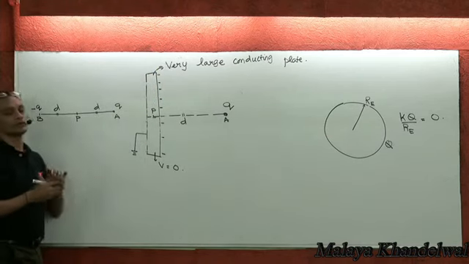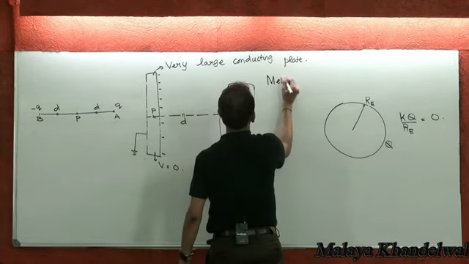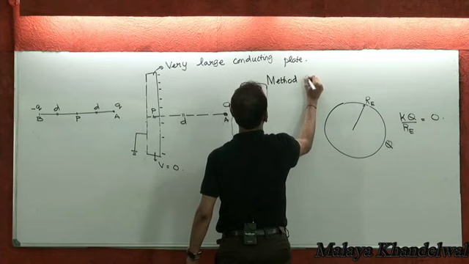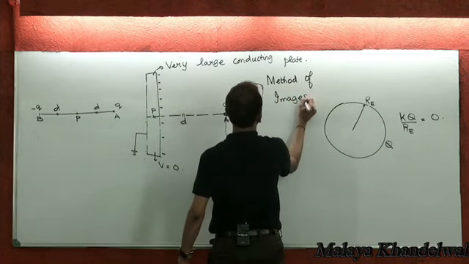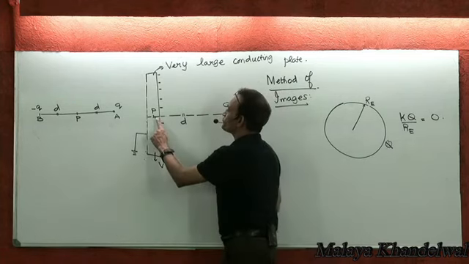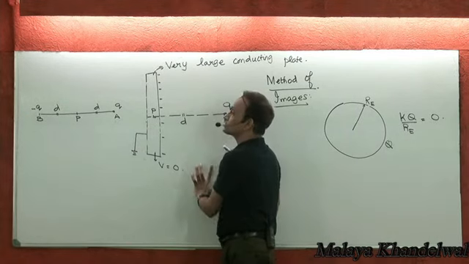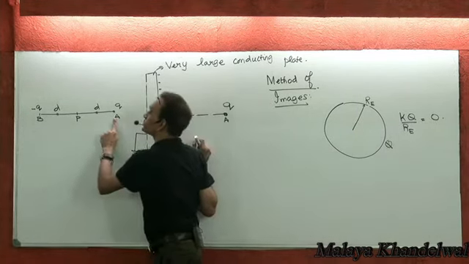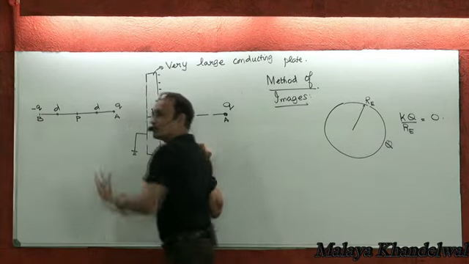Let me tell you a result which is called the method of images. The force of attraction between this grounded plate, earthed plate, and this charge q is the same as the force between this plus q and its mirror image about the plate.